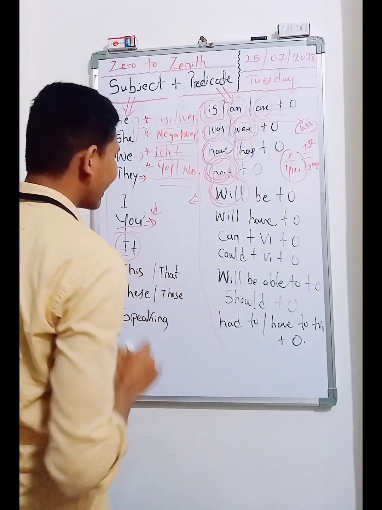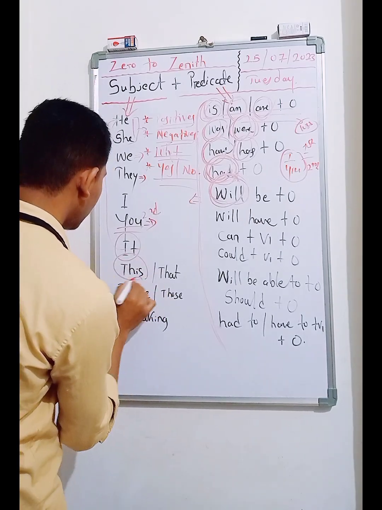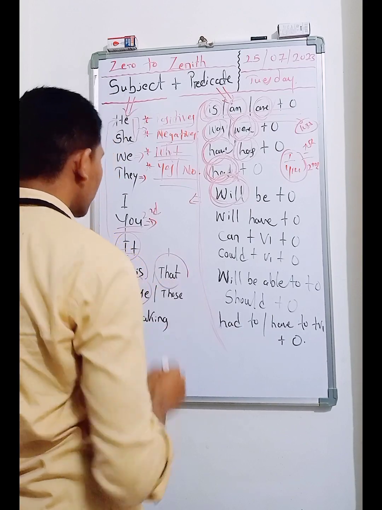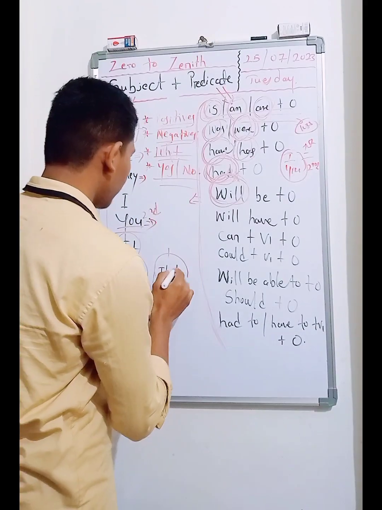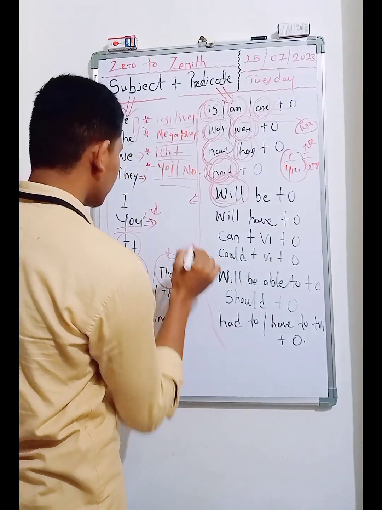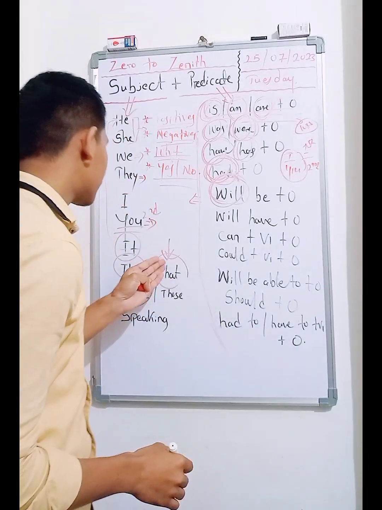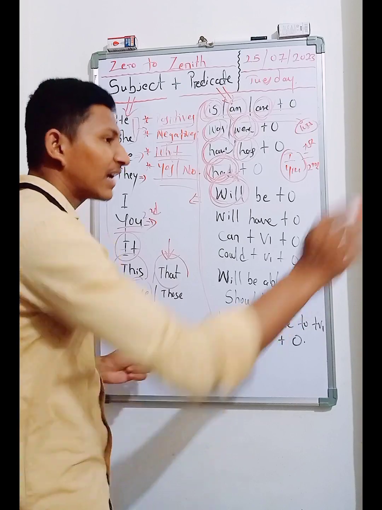And with this and that, this is singular and these are plural. That is singular, but this is the past tense. Or if that is very far away from you, then for conveying that you have to use that. And also, by the way, you use this for referring to the past tense, like that phone.